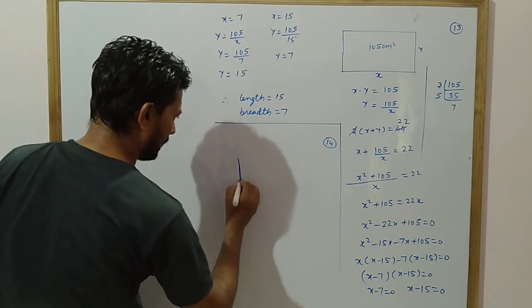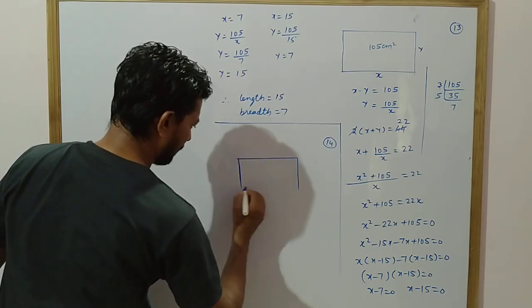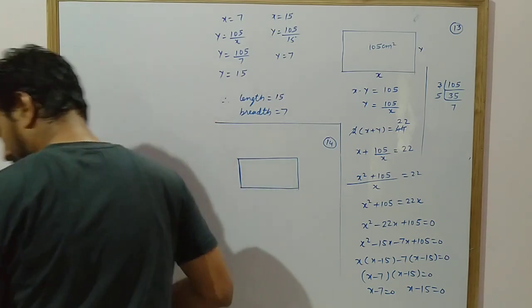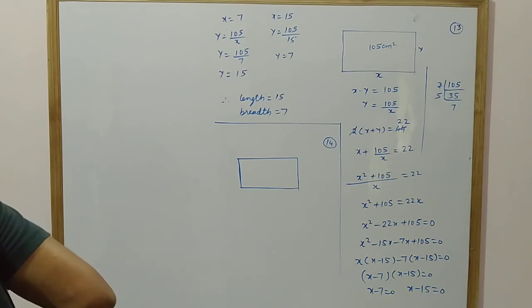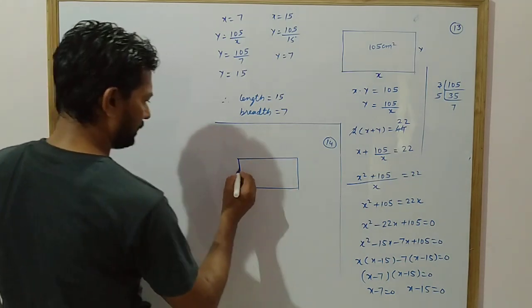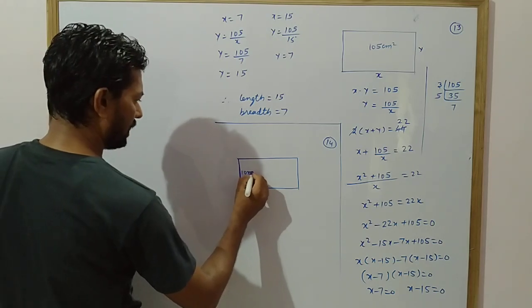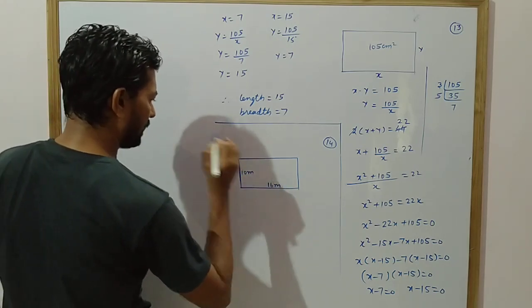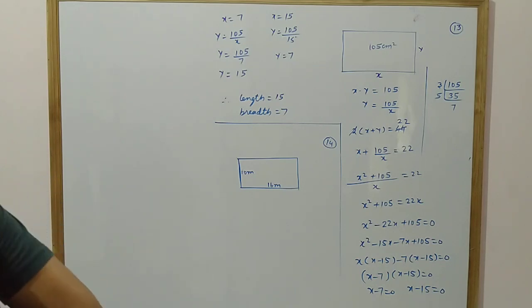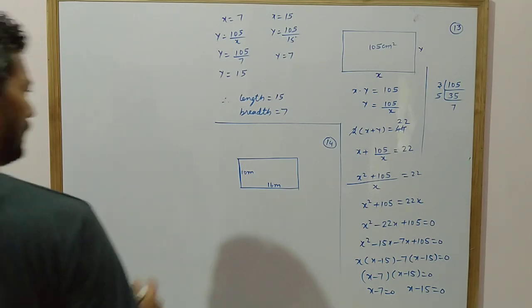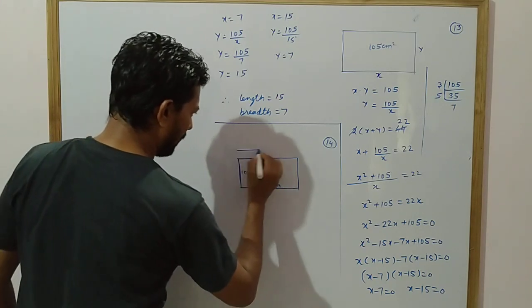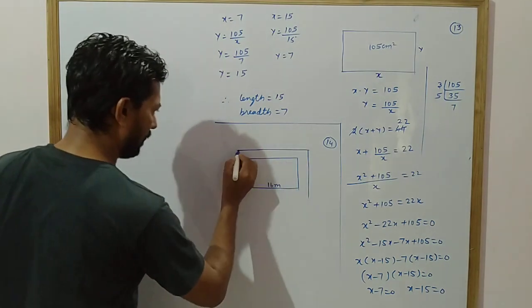This is a rectangular garden, given to be 10 meter by 16 meter. It is surrounded by a concrete walk of uniform width.